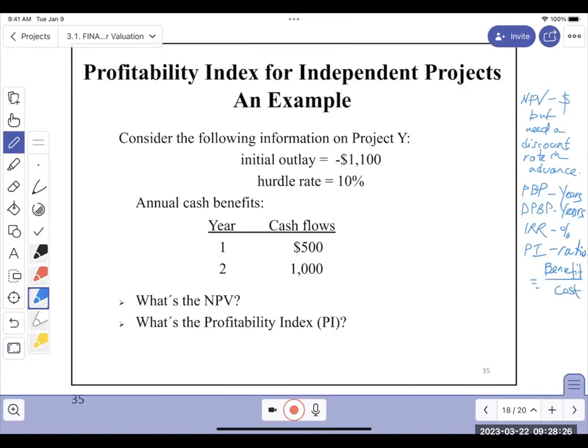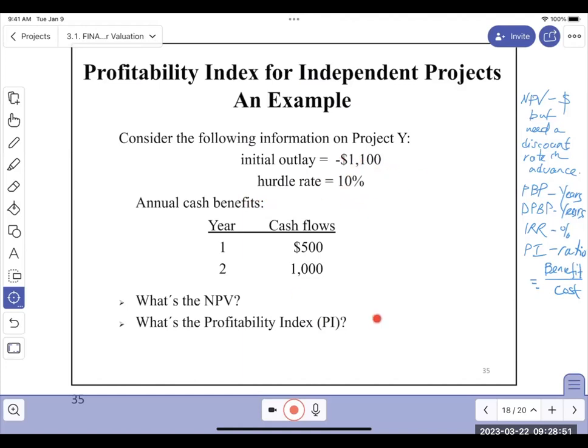The benefit is the present value of future cash flows, and the cost is the initial outlay. And here is our discount rate. Here we call it a hurdle rate. It's another term for our discount rate, the percentage we have to surpass with our investment.